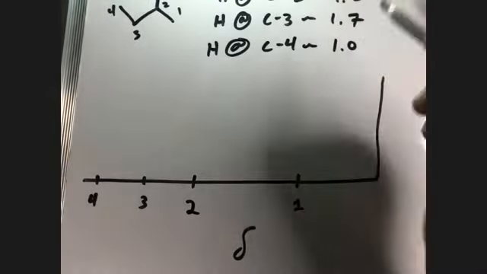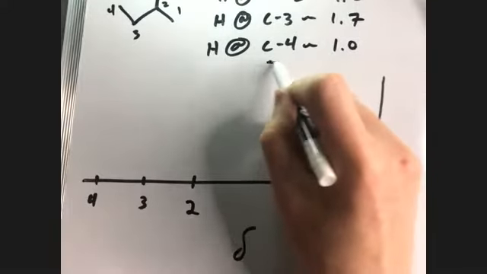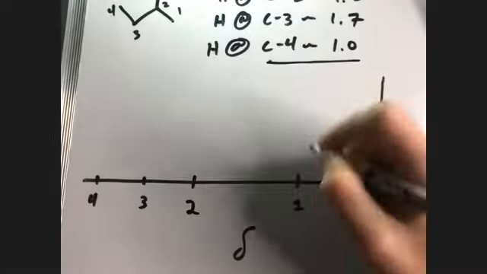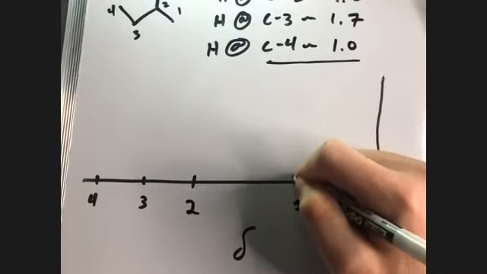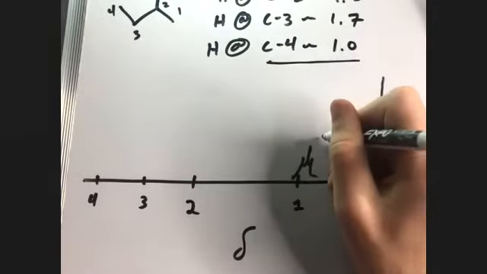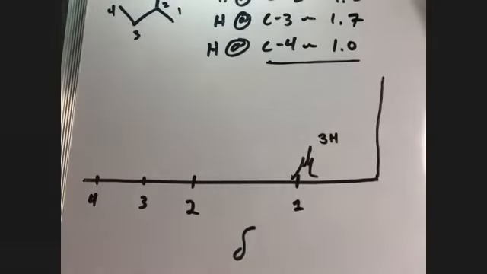So starting in order, our C4 is going to be around 1, and it has 2 neighbors, so it's going to be a triplet. So that's going to look like this, and it's integrating to 3 hydrogens. And that would be listed on the spectrum for you.